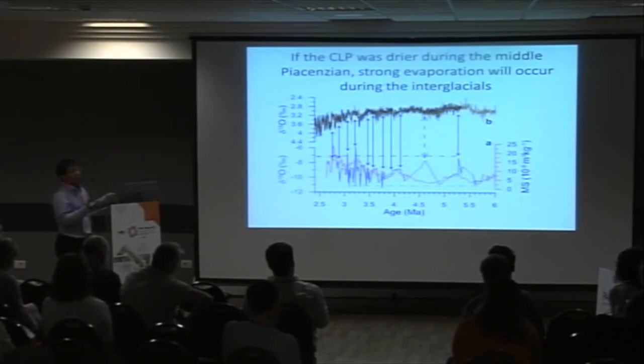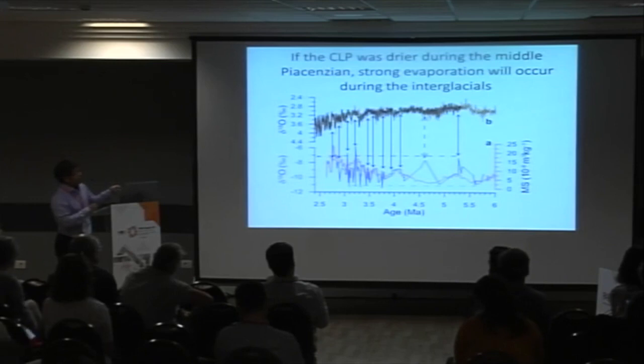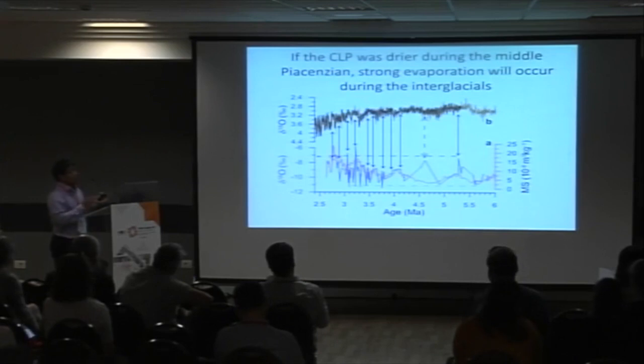So in wetter conditions, in interglacials, there will be more evaporation because of the high temperature. And more interestingly, when you compare these two peaks with the benthic δ18O of LR04, which is the black curve, and the brown curve from Zachos et al., they align with the two interglacial time periods.